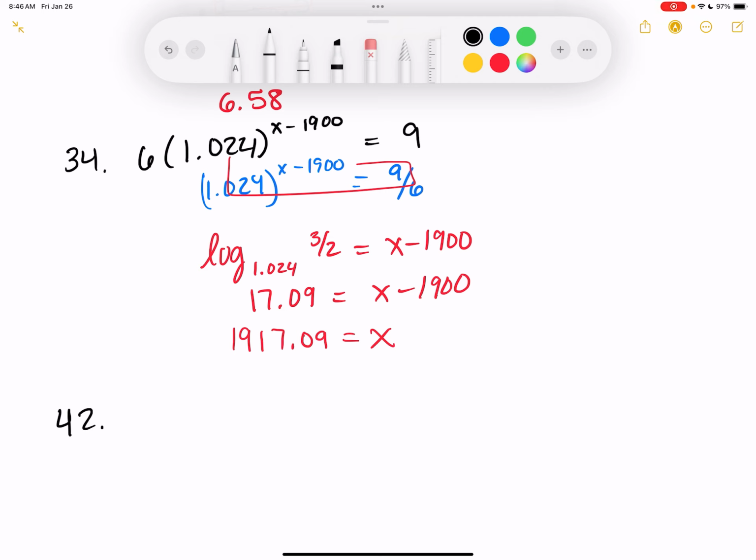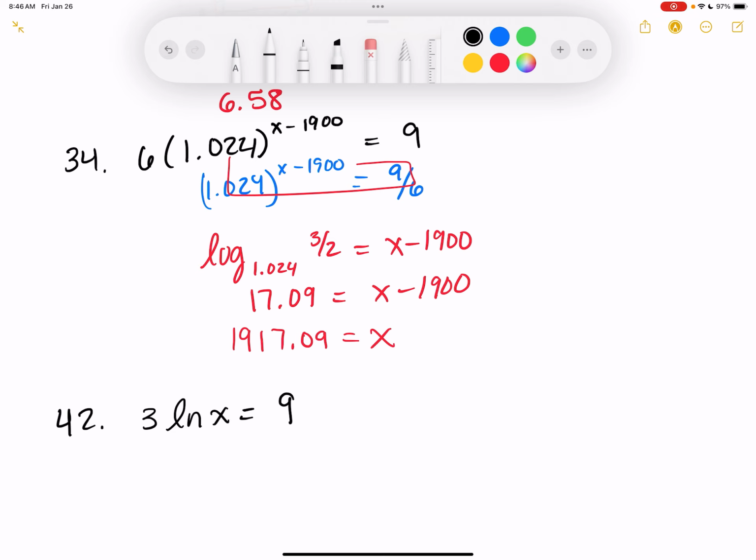So 42, we have 3 ln of x is equal to 9. So same thing here. The only thing that can be on the left-hand side is whatever the log is. In this case, it's a natural log, which is log base e, of x. So I need to move the 3 over.